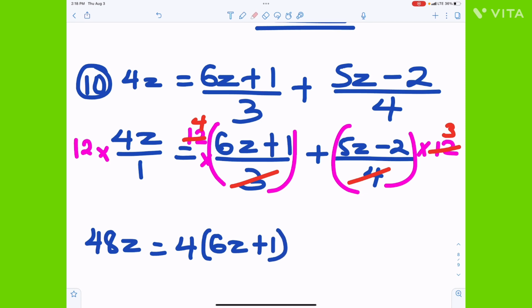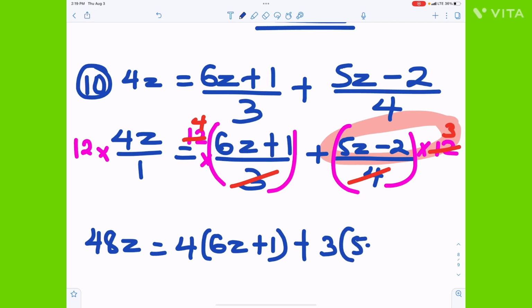You know, the 3 on the denominator side is now gone. 3 in 12, 4. So I have 4 times (6z plus 1) left. Here, I'm going to have 3 times (5z minus 2) left.